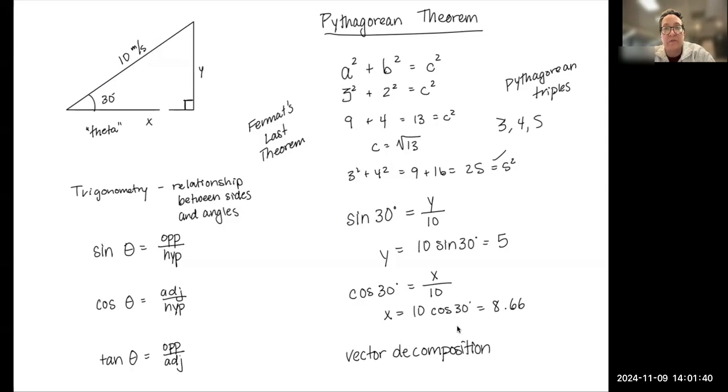And I want to know, well, what does that mean? How much am I traveling horizontally each second? And how much am I traveling vertically each second? With a little bit of trig, I was able to tell you that horizontally I'm traveling 8.66 meters per second, and vertically I'm traveling 5, also meters per second.